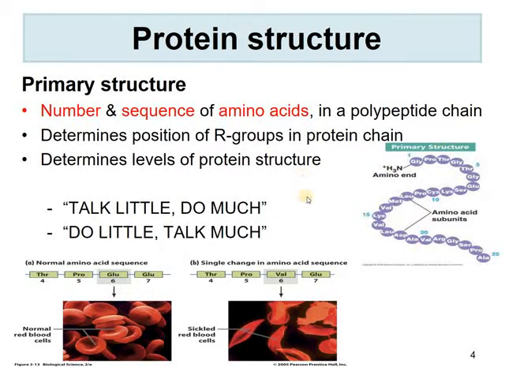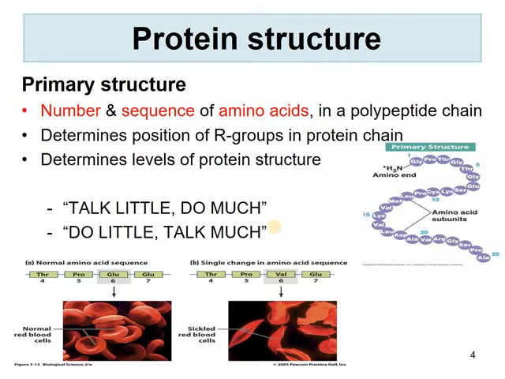In terms of the importance of sequence, I'm just going to make an example with the 2 phrases that you see down there. It says, talk little, do much. There are actually 4 words there that are not being repeated, they are being twisted around.